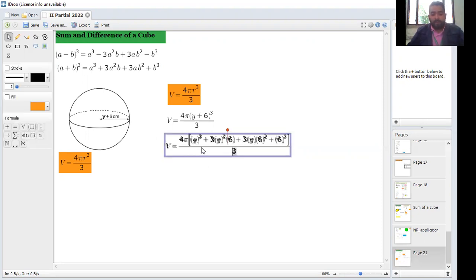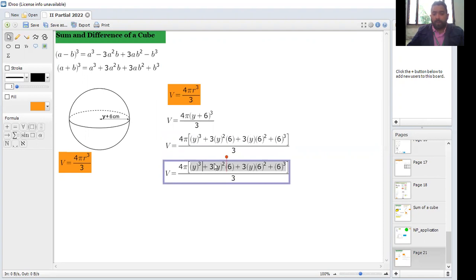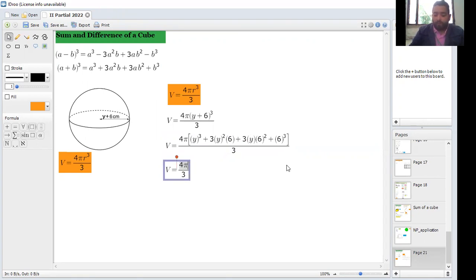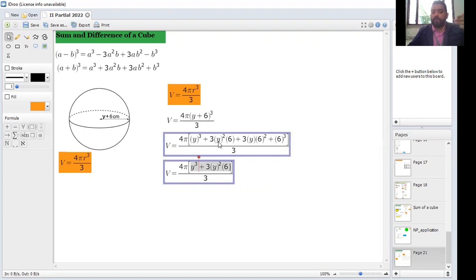After this step, what you have to do is to solve y to the cube power. In this case it is y cubed. So you are going to open the brackets, and we are going to have y to the cube power here. Then 3 times y squared, and y to the second multiplied by 6. Remember, if you have a number here, for example 2, it's going to be 2 to the second, and it's going to be 2y to the second.